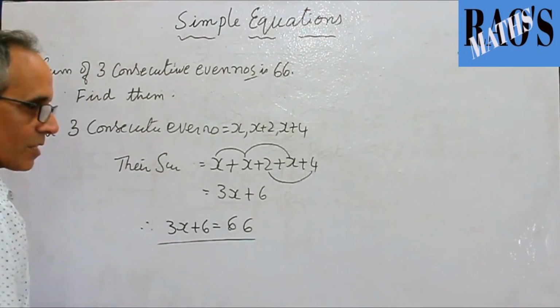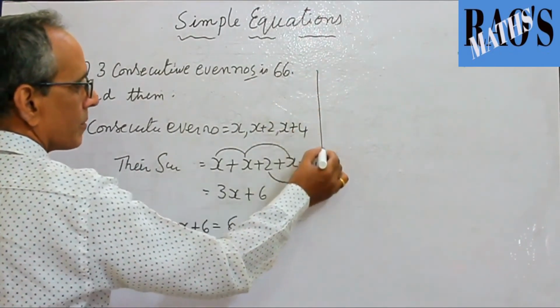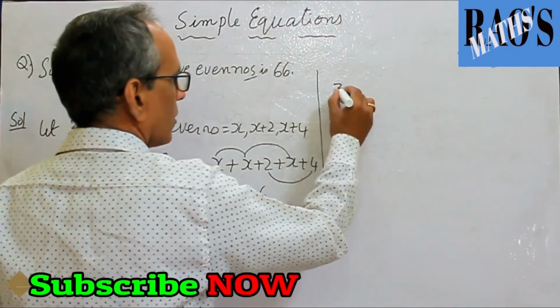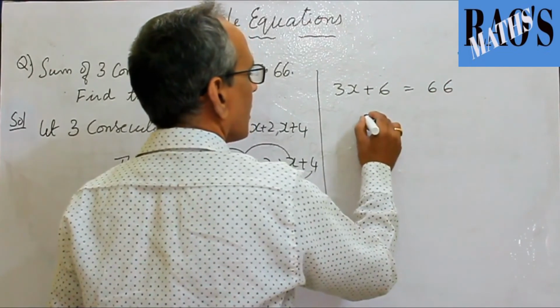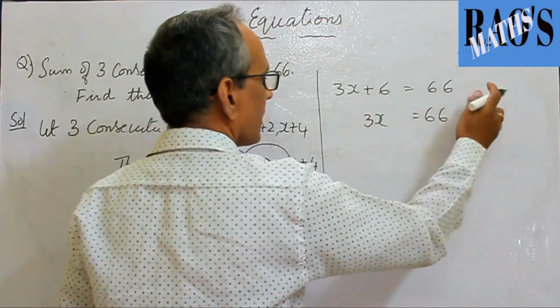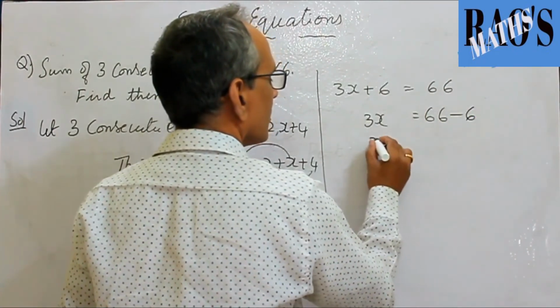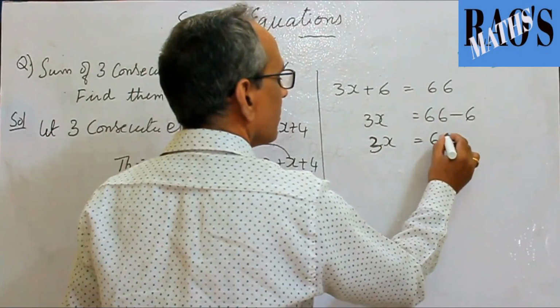You know the order of transposing: 6 first and then 3. Let me work it out here. So 3x plus 6 is equal to 66. Therefore 3x is equal to 66 minus 6, by transposing plus 6 as minus 6. So 3x is equal to 60.